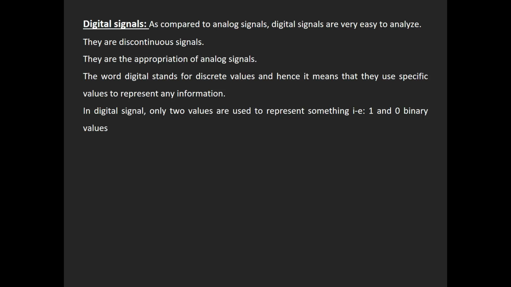In digital signal, only two values are used to represent something, that is 1 and 0 binary value. So binary signals are a special example of digital signals. So it is not necessary to always represent digital signal with 1 and 0. It can take any value on the y-axis.